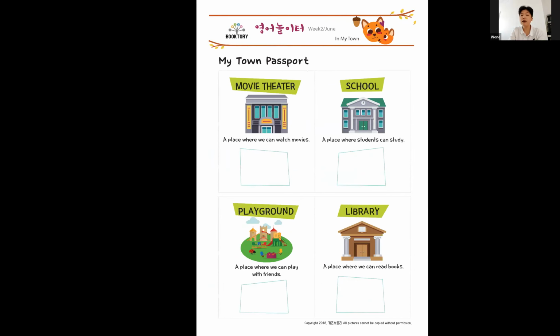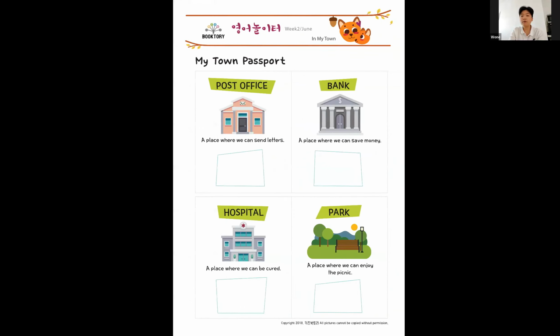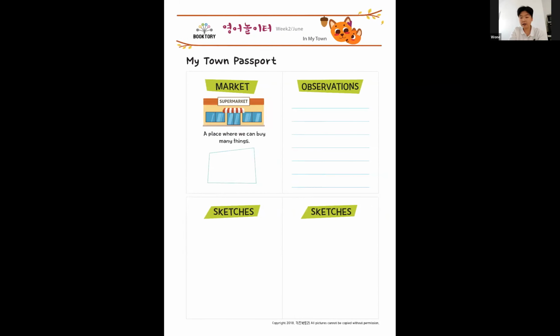You're going to cut these out and make them into a little passport book. Finally, here we have a market, a place where we can buy many things.